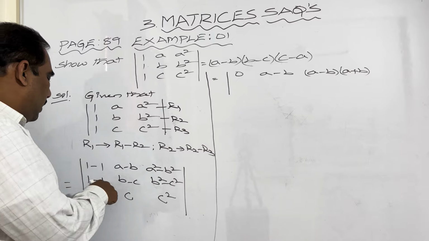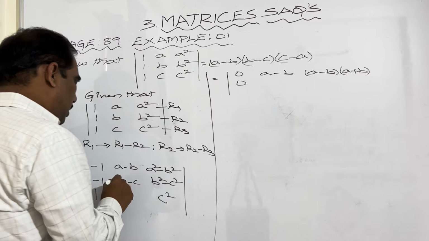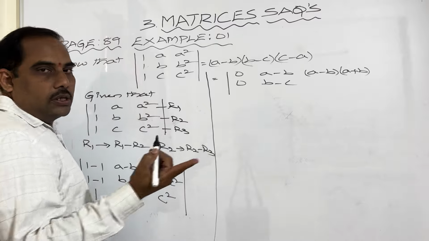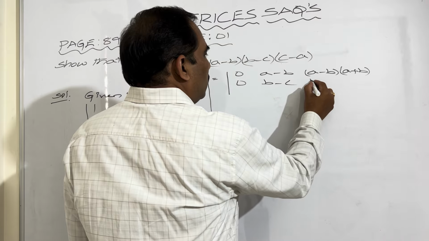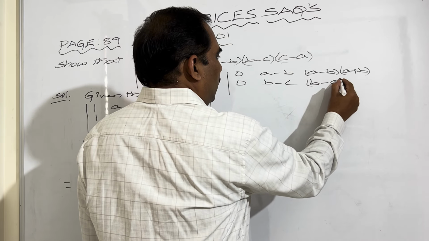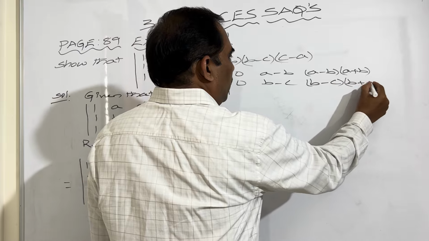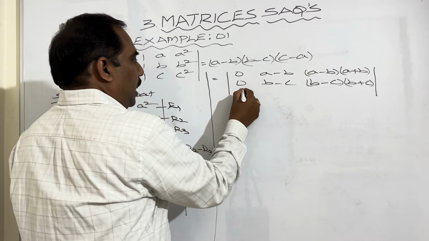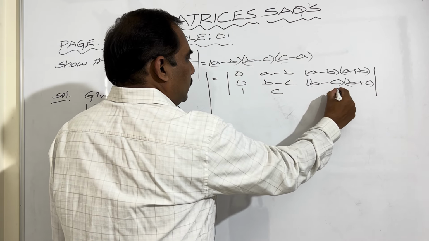So similarly 1 minus 1 is 0 and b minus c here. So now again b square minus c square formula, like (b minus c) into (b plus c) we can write. We have here the last row writing as it is 1, c, c square.